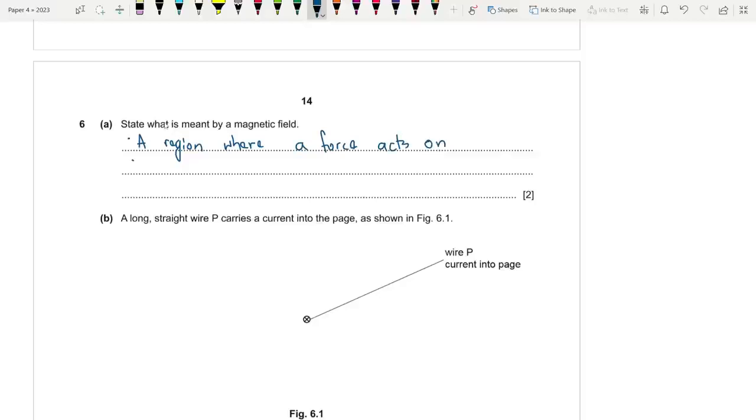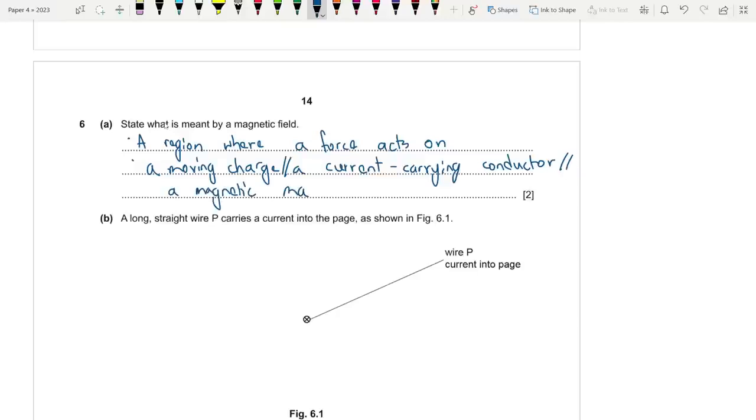You could either say a moving charge, or a current carrying conductor, or another alternate option, a magnetic material or a magnetic pole.